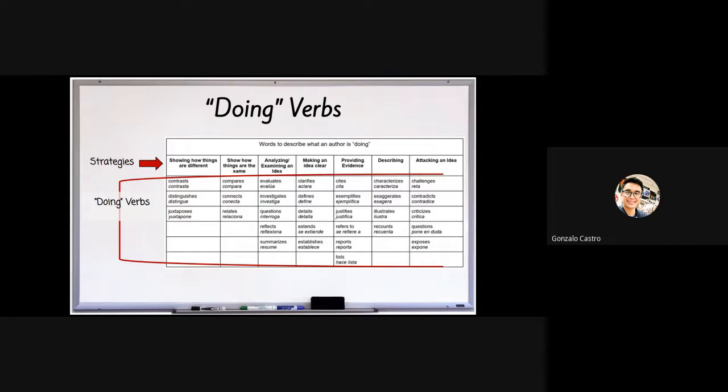So she's not really showing how things are different. She's not really contrasting refugees with other people. She's not really showing how things are the same. She's not really making a comparison. She's making an idea clear, right?